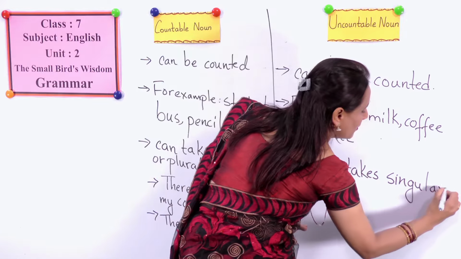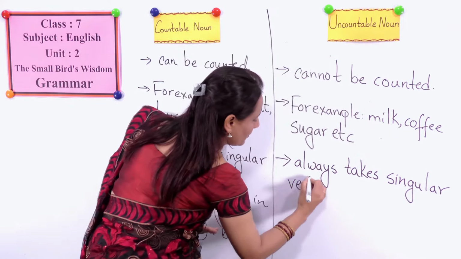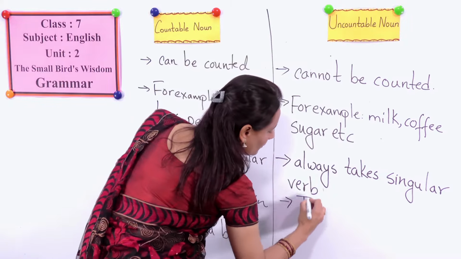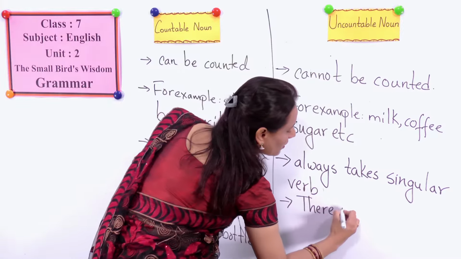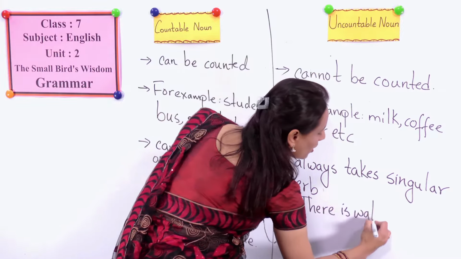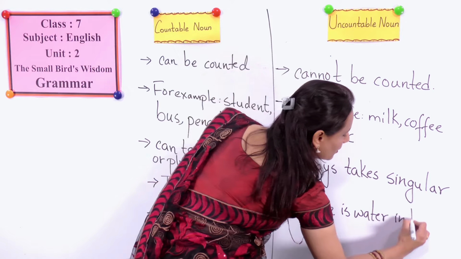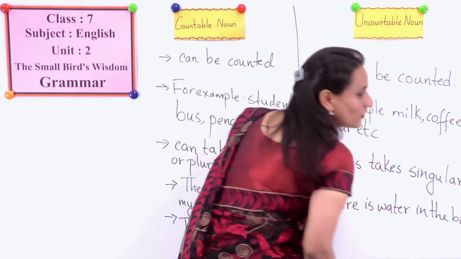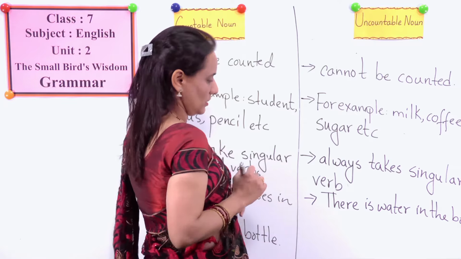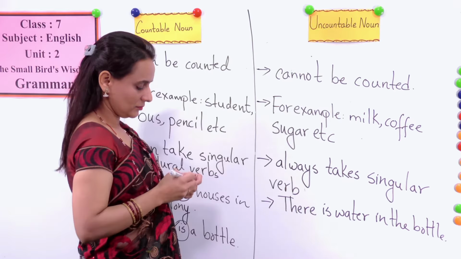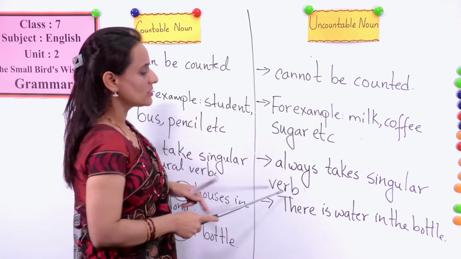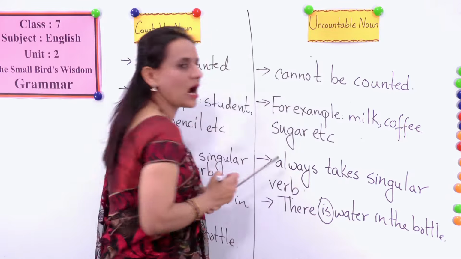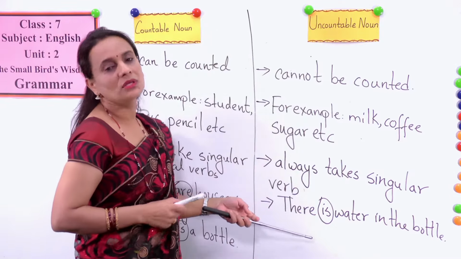For example, there is water in the bottle. Now see it here. It always takes a singular verb. That means is. It won't take are. It's just the singular verb.